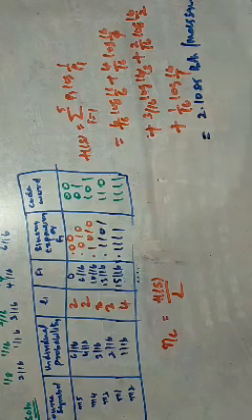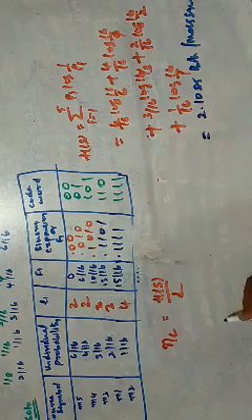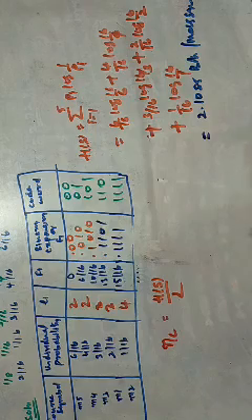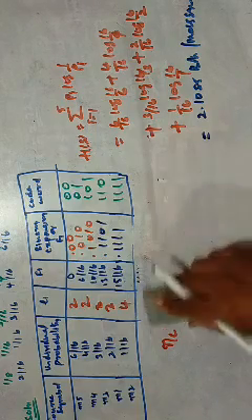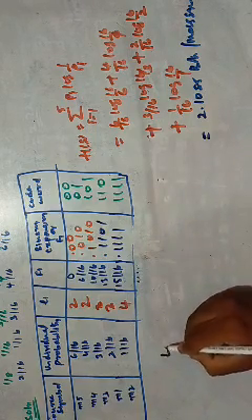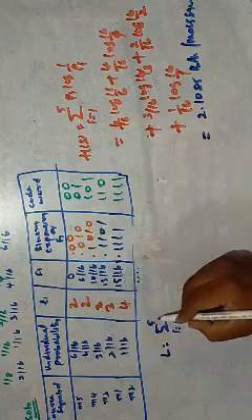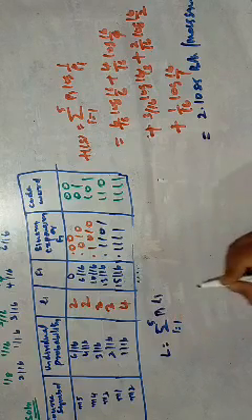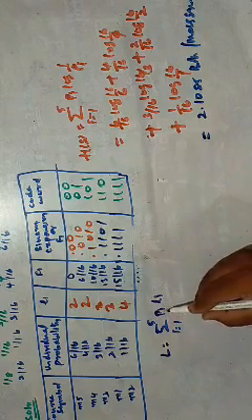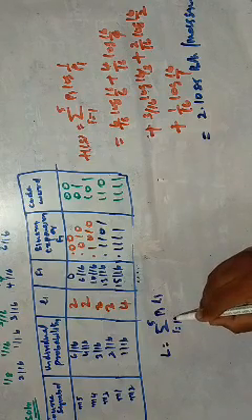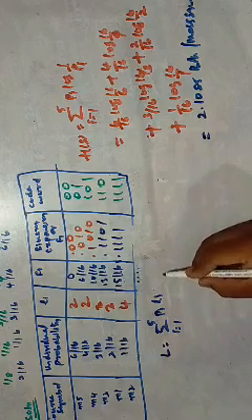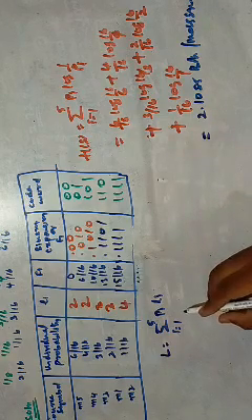Next I have to find L. L is equal to summation i equal to 1 to 5, pi into Li. So for i equal to 1 to 5, p1 into L1 plus p2 into L2 plus so on up to p5 into L5.